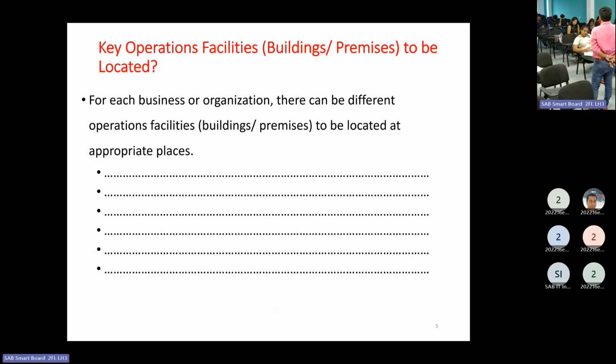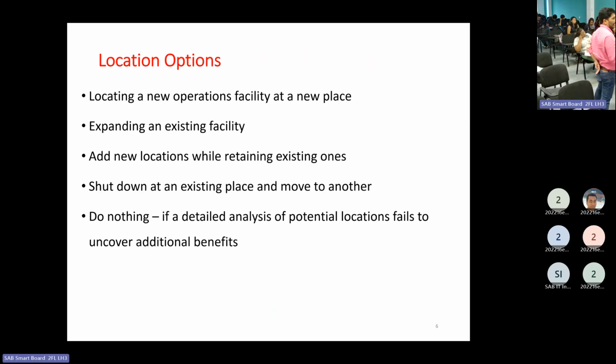You can think along the same line. Now we are going to understand how such locating decisions should be made. These few points will give you an idea of the different location options, the location-related decisions they have to make. Different options.